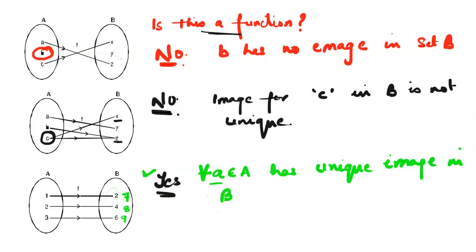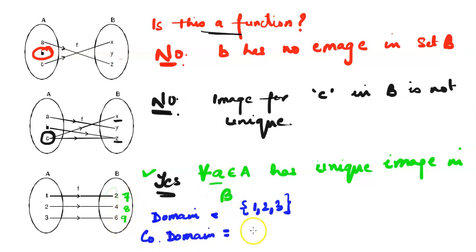Now we talked about the range and the codomain. So what is the domain? One, two, and three. What is the codomain? If it has extra elements, it is 2, 4, 6, 7, 8, 9.